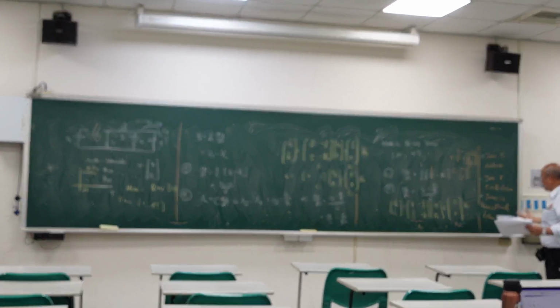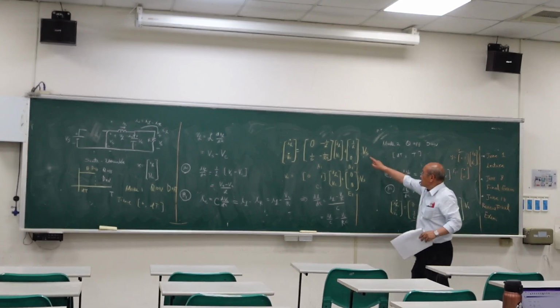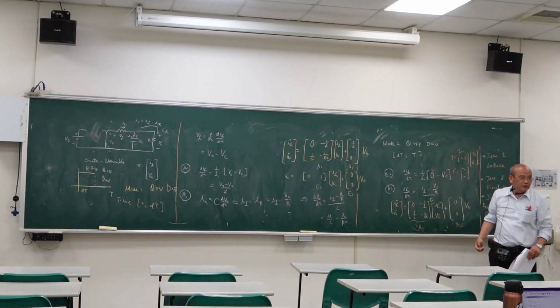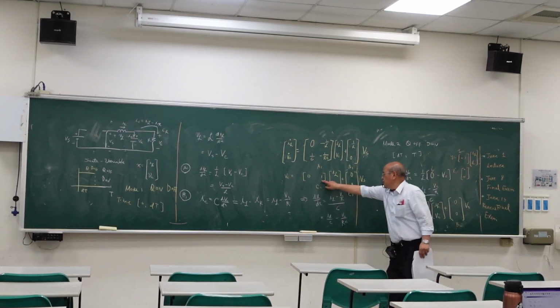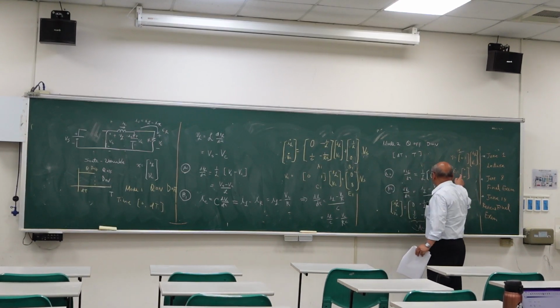So what is the difference? You can see A1 equals A2. How about B? B1 is this one, but B2 becomes 0, 0. So B changes, right? How about C? C is the same. How about E? E is the same, right?